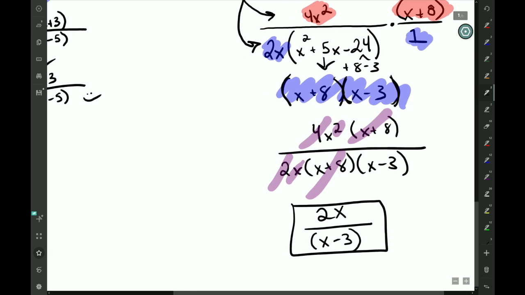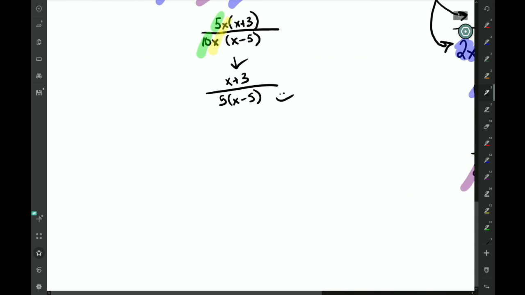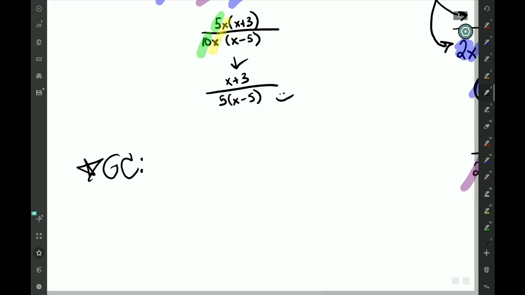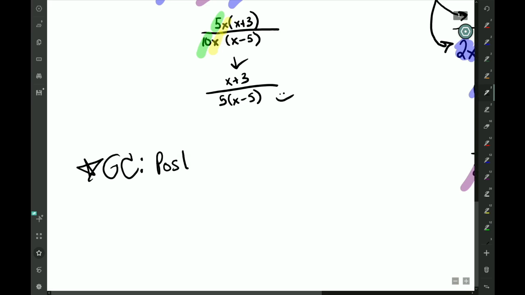What I'd like you to do now is to go back to Google Classroom, and under the essential question, I want you to post first, the first step in simplifying radicals, what that is.